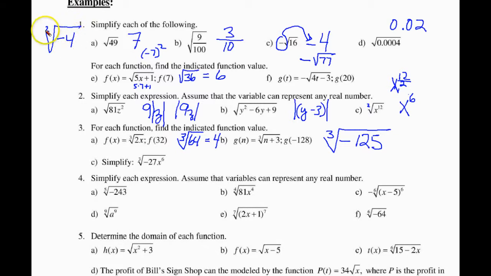So we say that when we are tasked with the square root of a negative number, there is no real number solution to something like this.